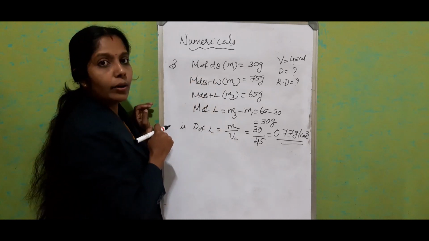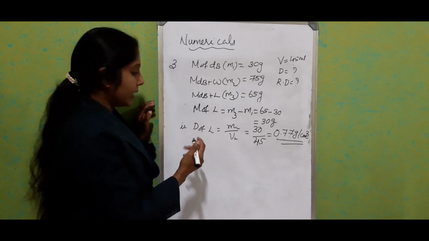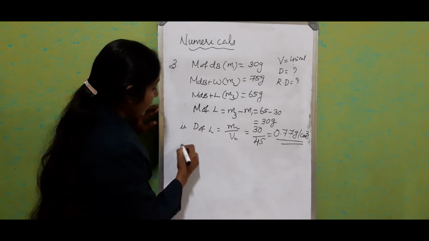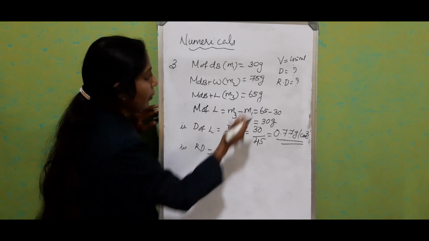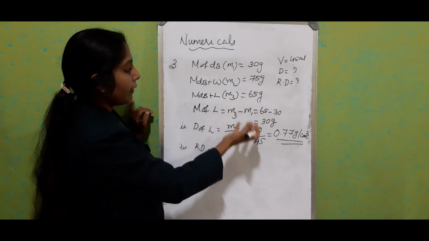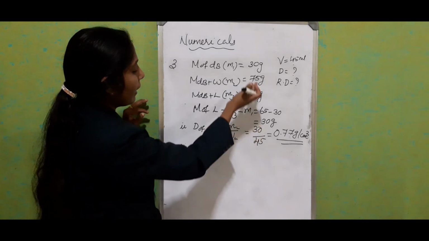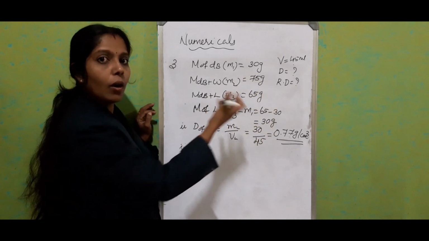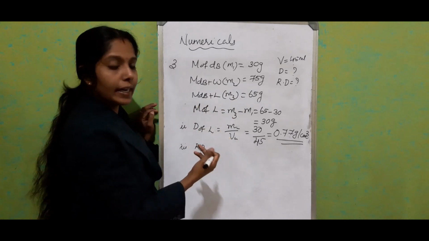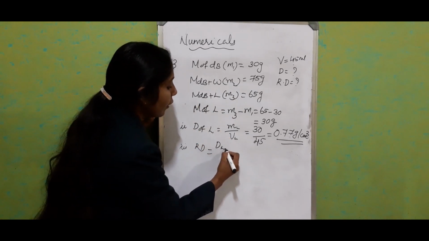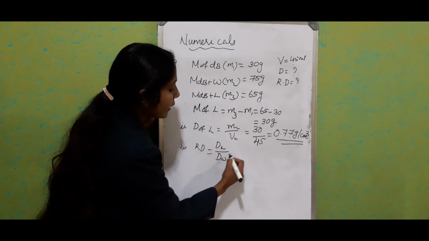Now we can find out the relative density. Third one, relative density. Here both densities are given. Either we can find it in terms of mass or in terms of density. We'll see in terms of density. So density of liquid divided by density of water.